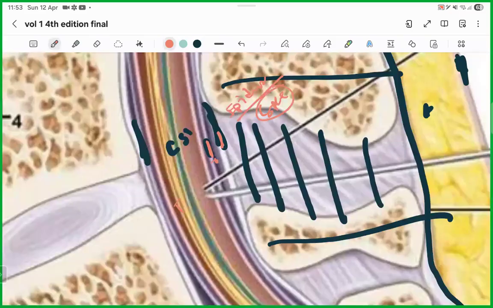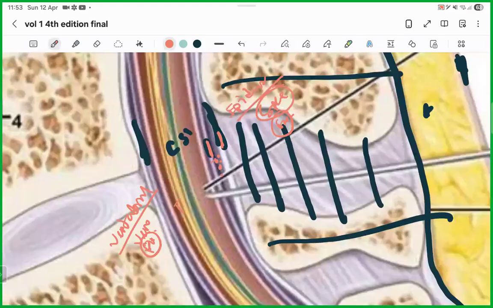In this space, we have some fat, the vertebral venous plexus, and some fat around it. So we have epidural fat and the vertebral venous plexus. If there's bleeding during CSF aspiration, it's from this internal vertebral venous plexus.